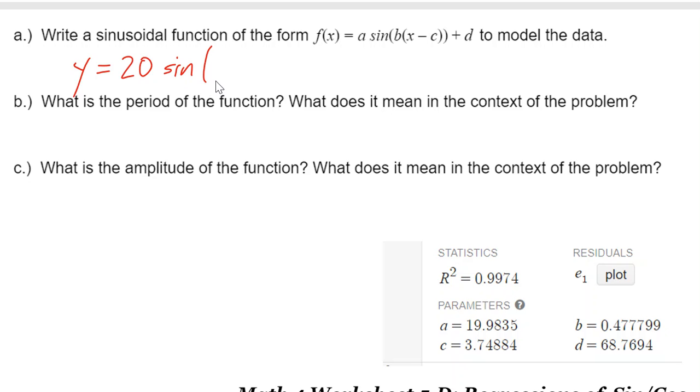B was 0.4779, we'll say it's about 0.5. And then C was, this is going to be x minus C, which is x minus 3.7. And then D represents plus 68.8, roughly.